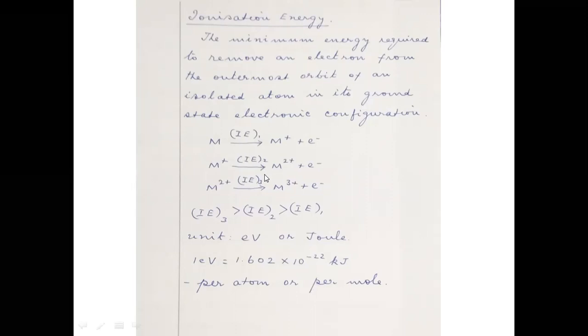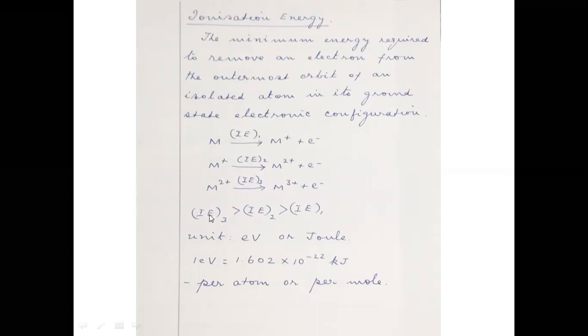If the process is extended and I am trying to remove one more electron from a 2 plus charged ion to make a 3 plus charged ion, what is the energy spent to remove this electron? It is called third ionization energy.